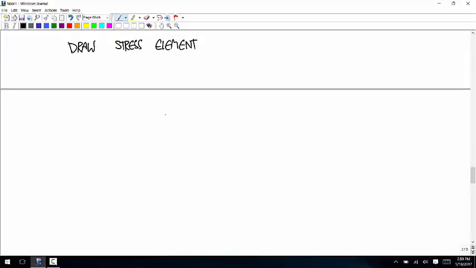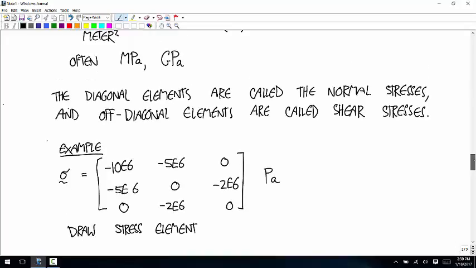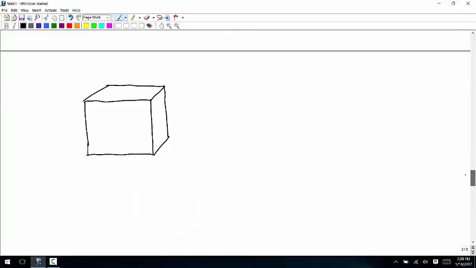Okay, so there's the cube. The XX stress, the traction component that's normal to the positive x face, is negative 10 times 10 to the 6th. Positive would be out of the face, so this is 10 times 10 to the 6 pointing into the face.